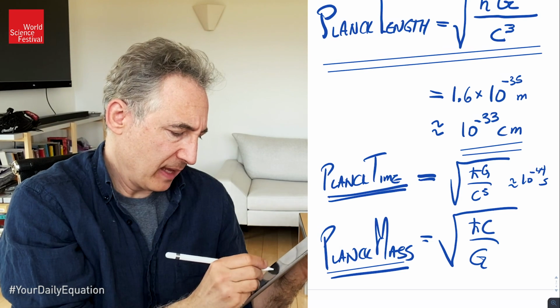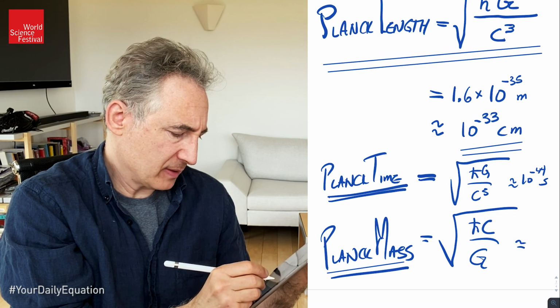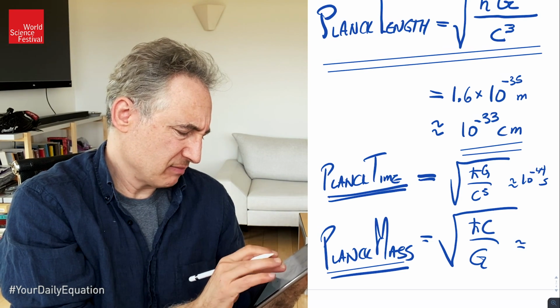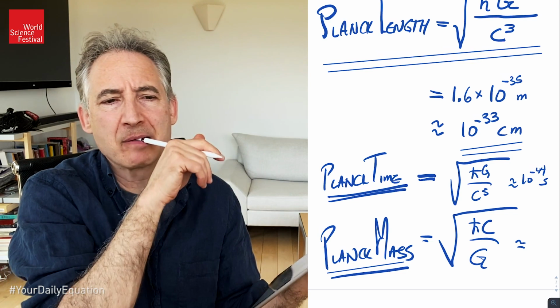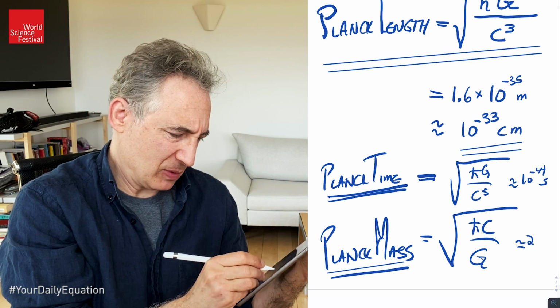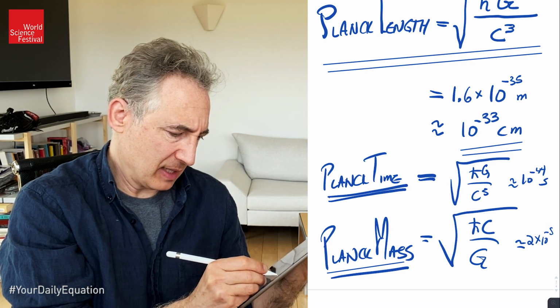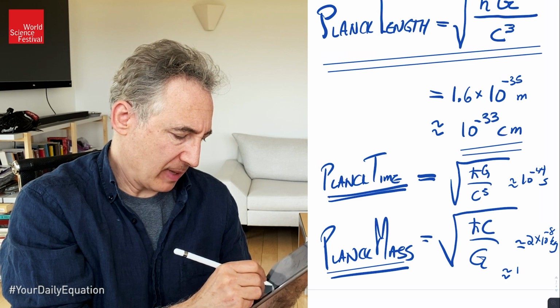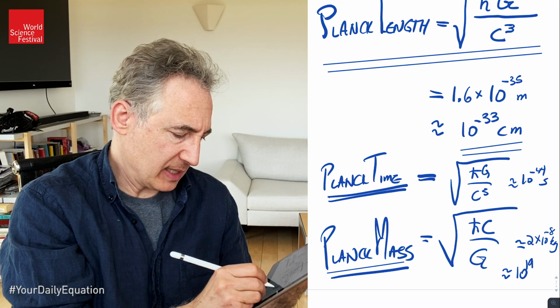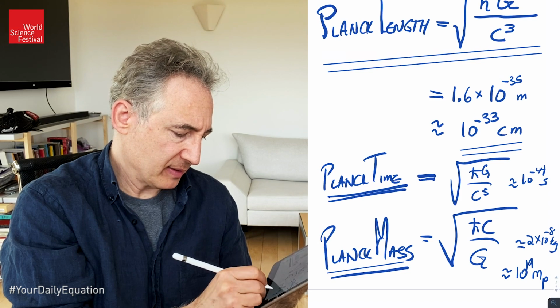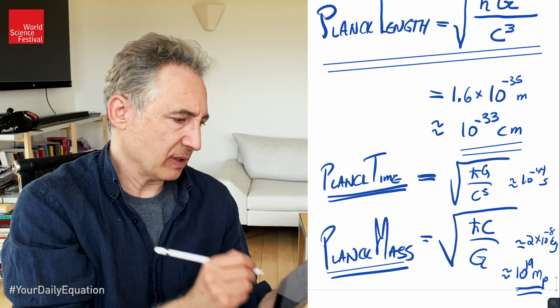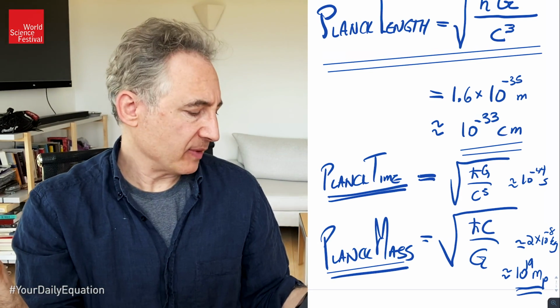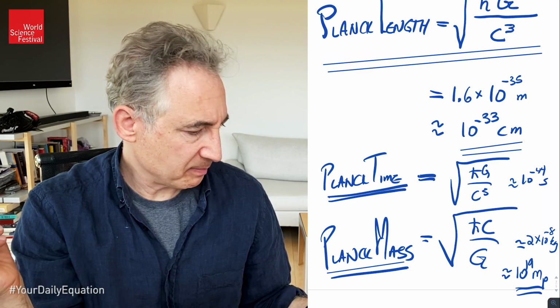Yeah, I think that's right. And that is about, I should have written this one down, I think it's about 2 times 10 to the minus 8 kilos, which I do know is about 10 to the 19 times the mass of the proton. And that's where that particular number comes from. So there you have it, Planck mass, Planck time, Planck length.